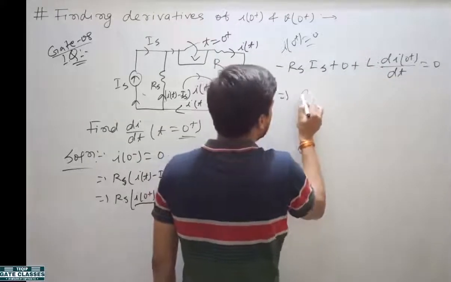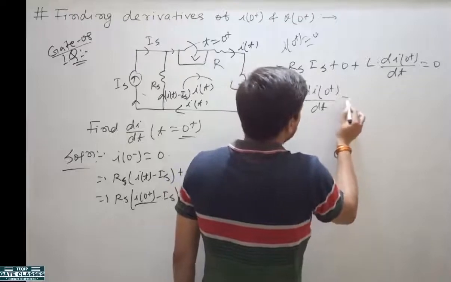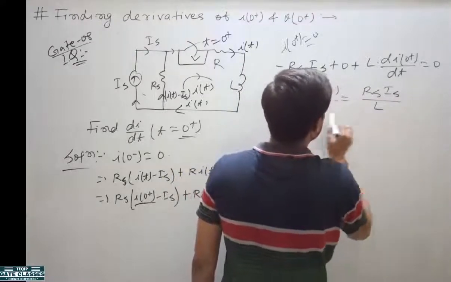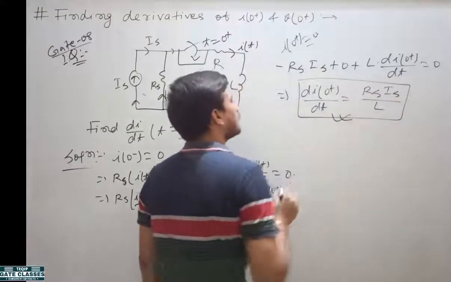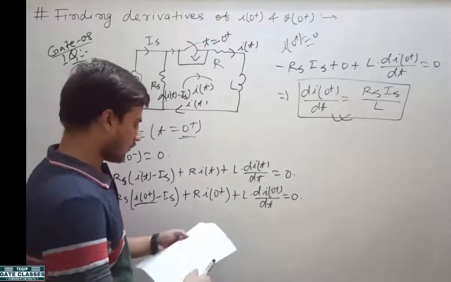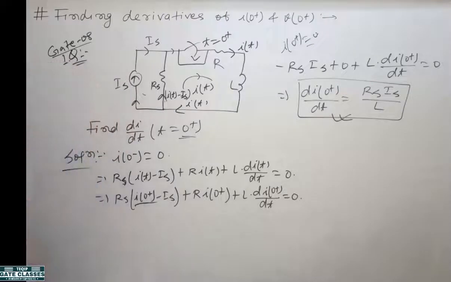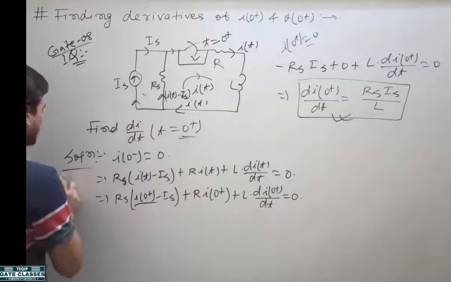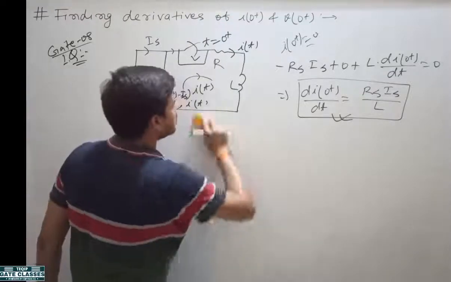From here you will write di(0+)/dt equal to Rs Is divided by L ampere per second. So this is the expression for di(0+)/dt. Clear? So you got the answer of the first question, Rs into Is divided by L. Next, let us see one more question.